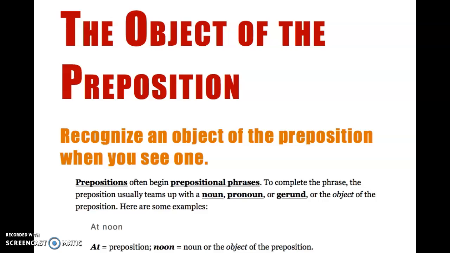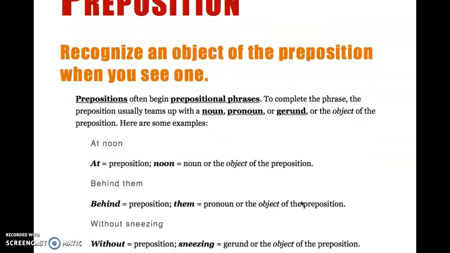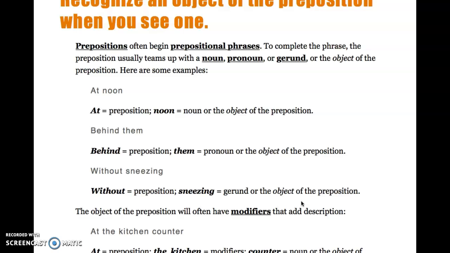The object of the preposition. We're looking down here where it says, prepositions often begin prepositional phrases. To complete the phrase, the preposition usually teams up with the noun, pronoun, or gerund, or basically the object of the preposition. So here's some examples. If at noon is our phrase, at would be our preposition, and the noun or the object of the preposition would be noon.